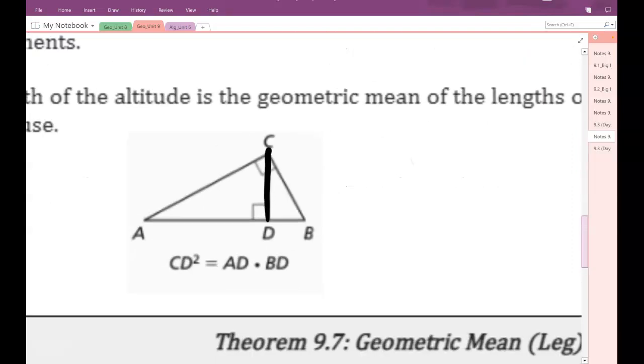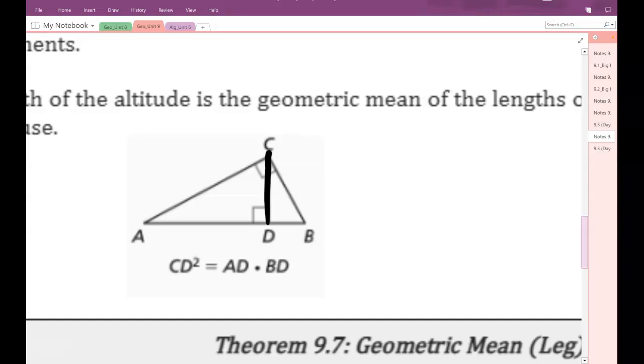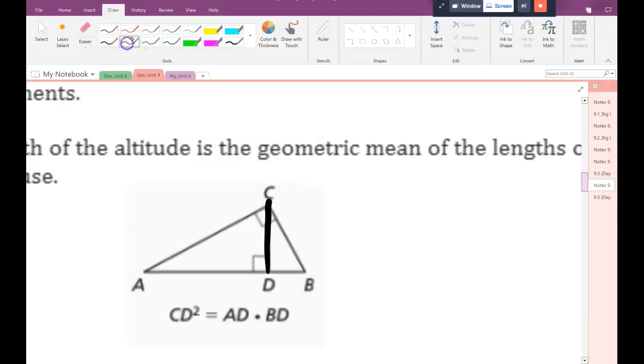So when we draw this altitude, we split our hypotenuse into 2 segments. We have an AD segment and a DB segment.